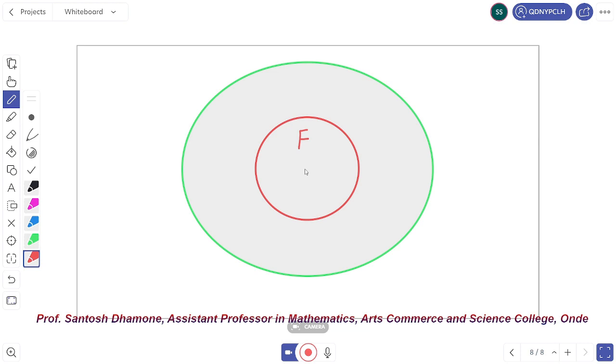This implies that dP0 is less than or equal to r plus dX0.